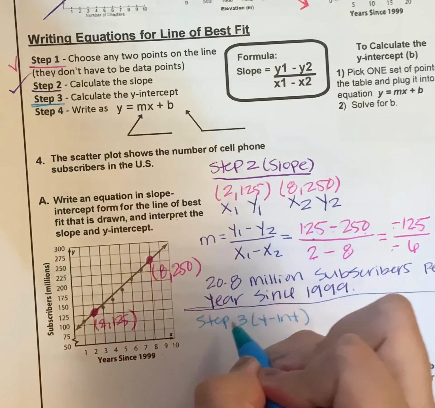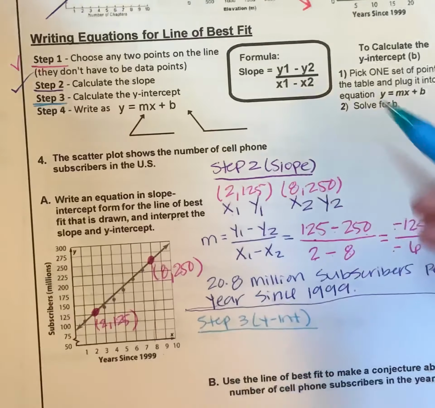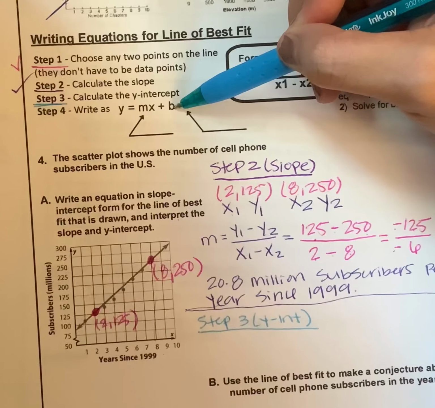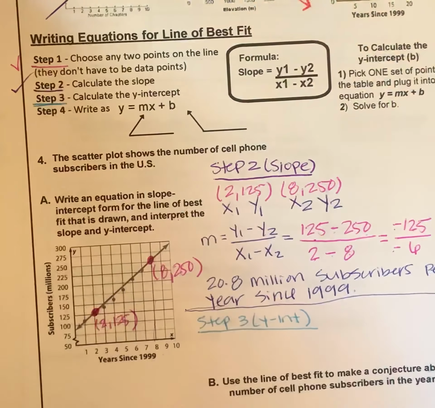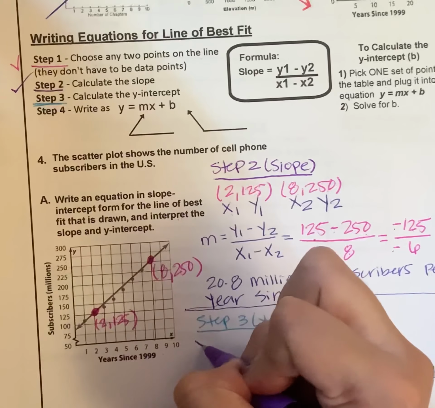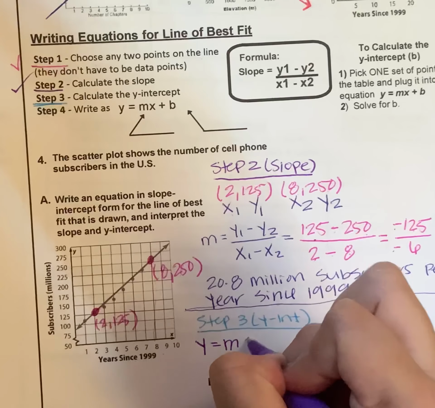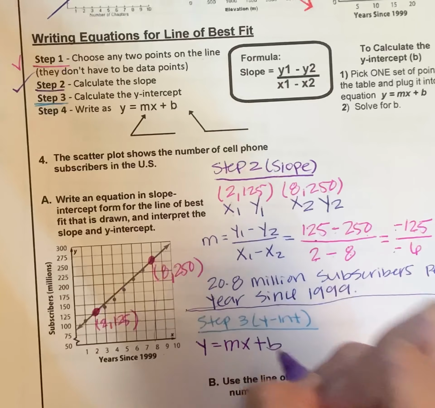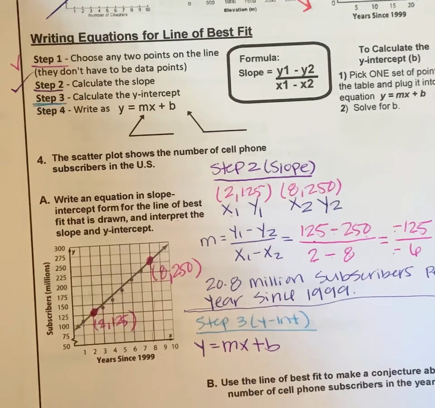Well, in order to find our y-intercept, we have to find this b value in our equation because that's what a y-intercept is. So we need to start with our equation. y is equal to mx plus b, because that is always the equation of a line.